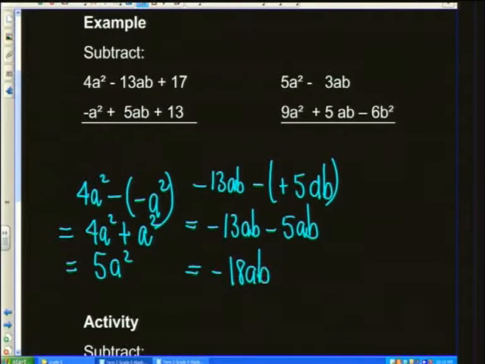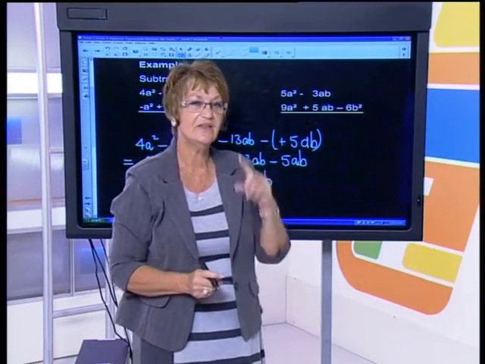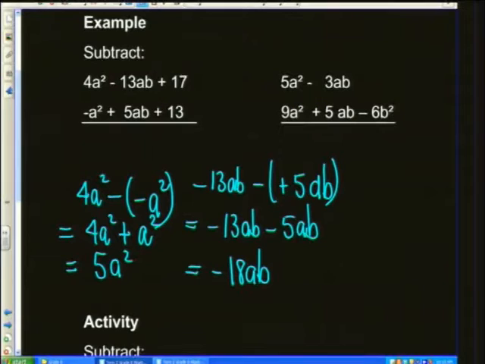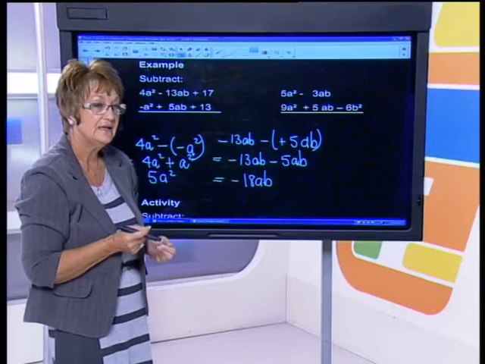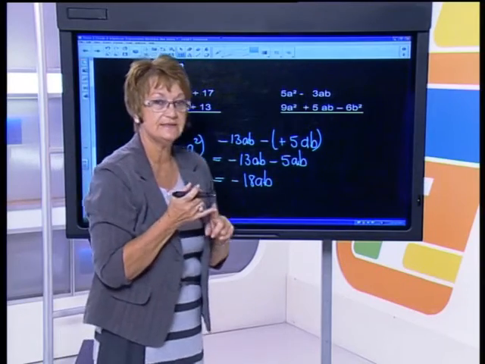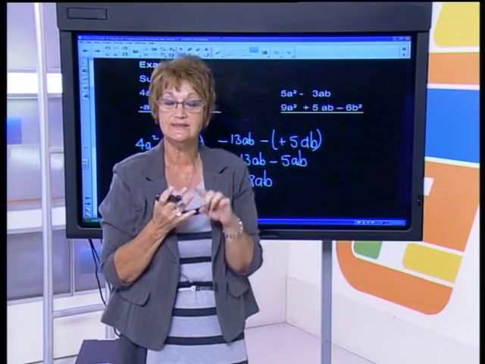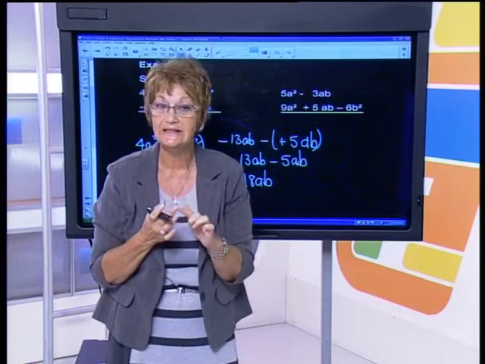And it will take up a lot of time doing it this way. So there's a shortcut. Let's have a look at the shortcut. Instead of subtracting, I can change the sign and I can add.